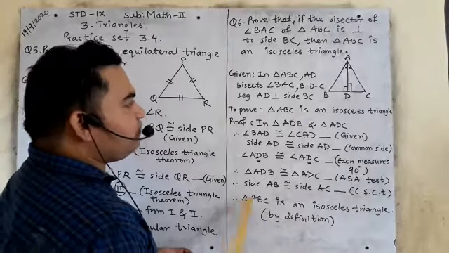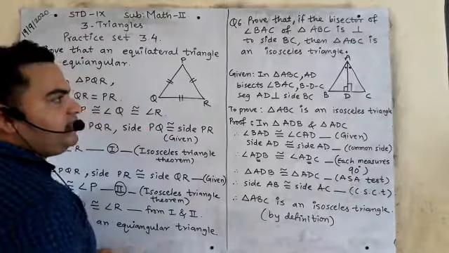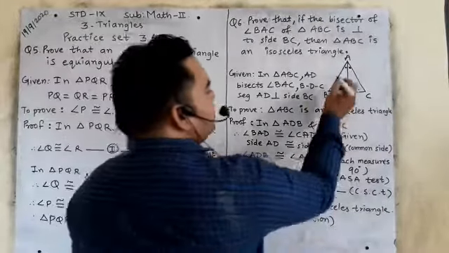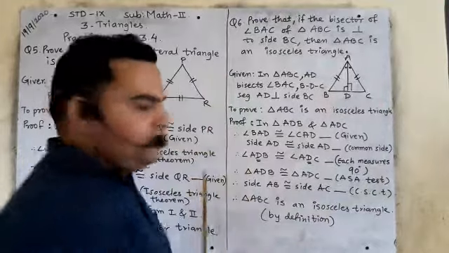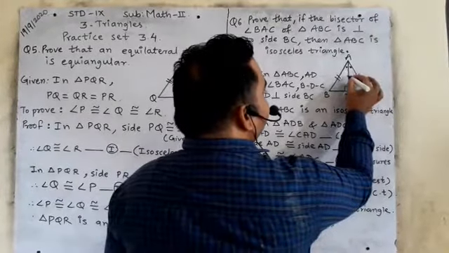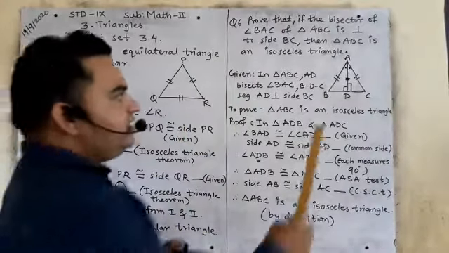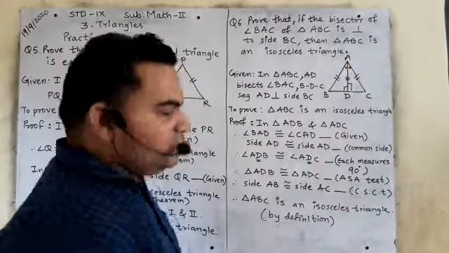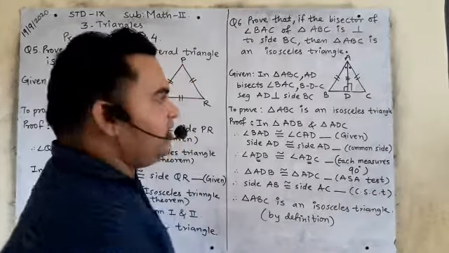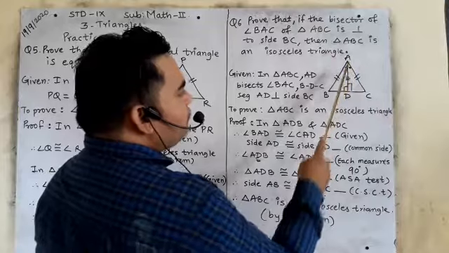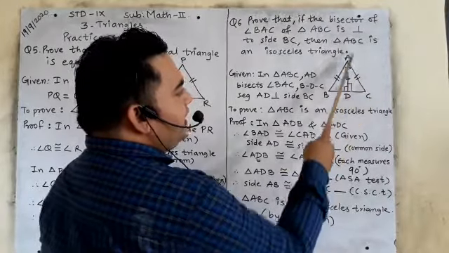Therefore, triangle ABC is an isosceles triangle by definition. So what you came to know is that this side and this side are congruent, and this side is common. Yes, AD is common. So which triangle is it? Triangle ABC is an isosceles triangle. This is the angle bisector, therefore BAD is equal to CAD.